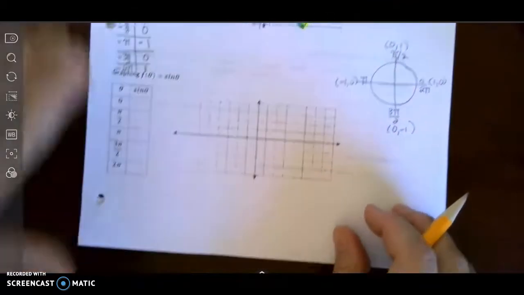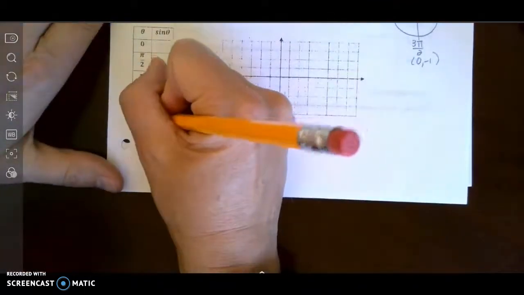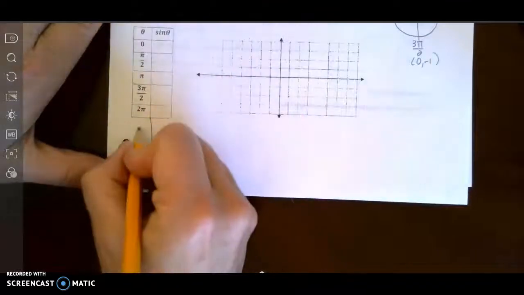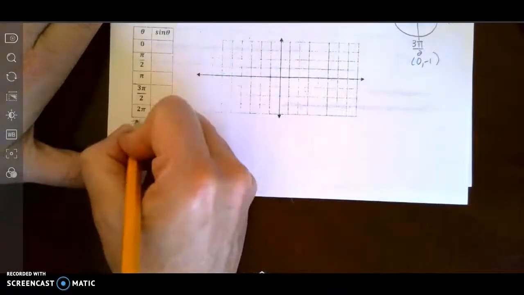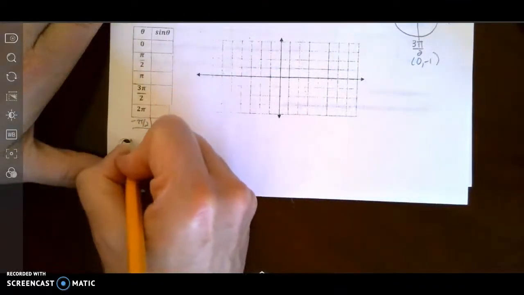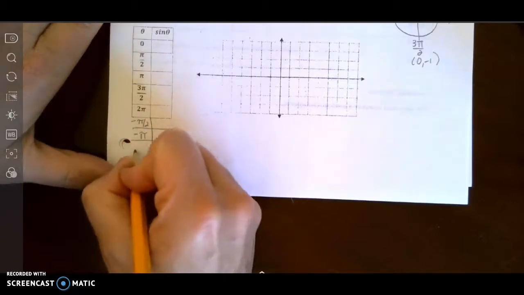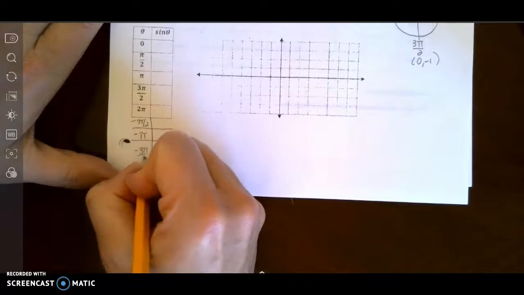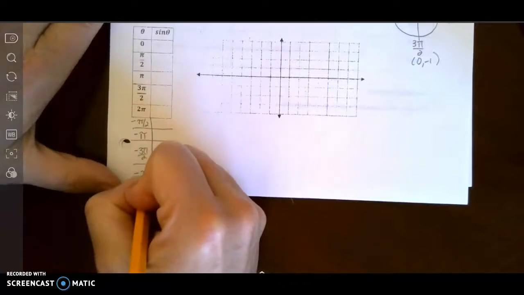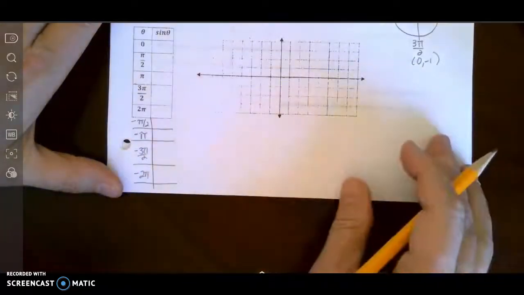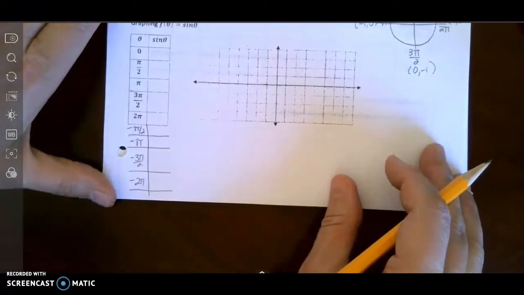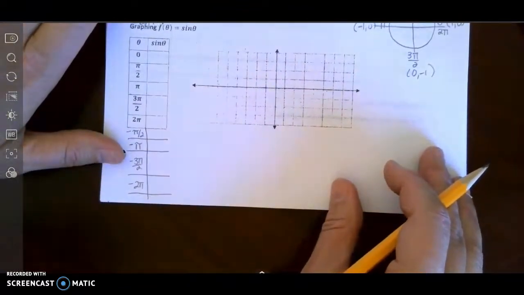And this time I'm going to look at sine. And yes, I'm going to be extending my table again to have that negative pi over 2, negative pi, negative 3 pi over 2, and negative 2 pi. Okay, this time I'm looking at sine of theta.